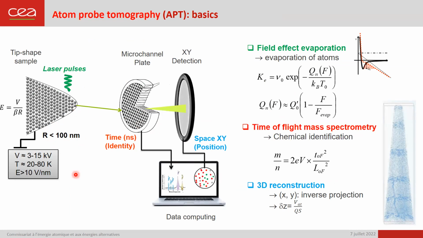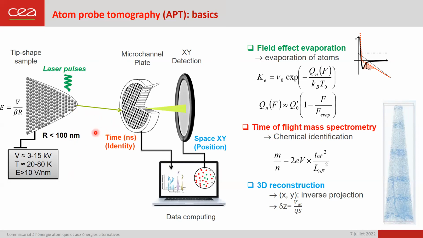A high steady state voltage is applied to the tip, which induces a high electrostatic field at the apex of the tip, which will lead ultimately to the ionization and evaporation of surface atoms. The ions are then collected by a position-sensitive detector with a time of flight capability.